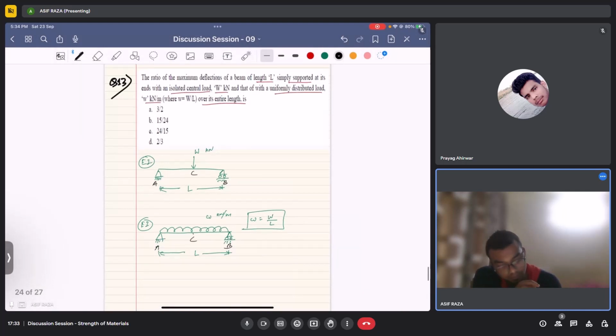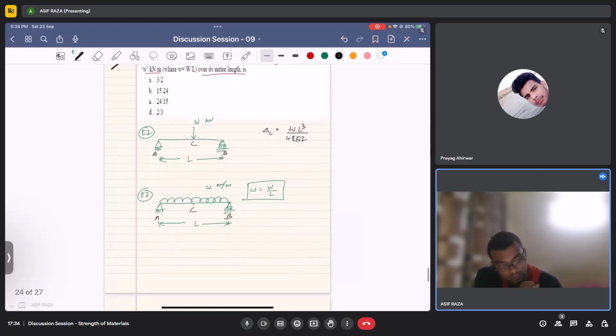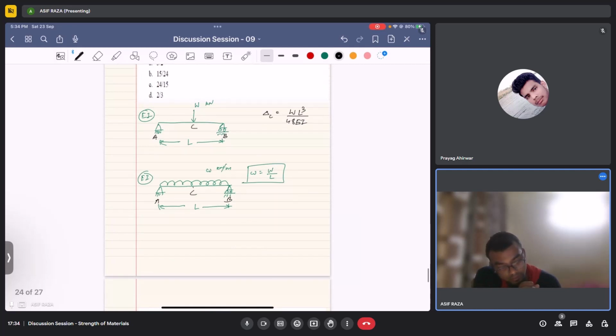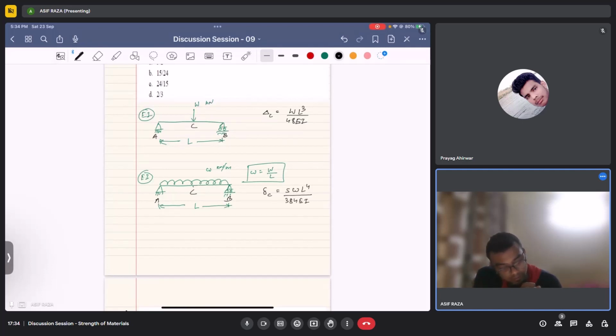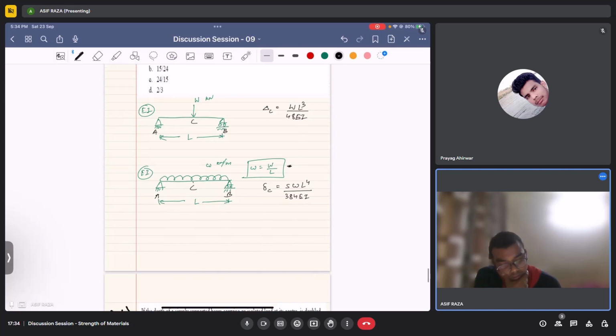Now, delta C for this case would be equal to WL^3 by 48EI, and for this case I'll just write delta C. This would be equal to 5wL^4 by 384EI. Now we can write w as this relation, right?